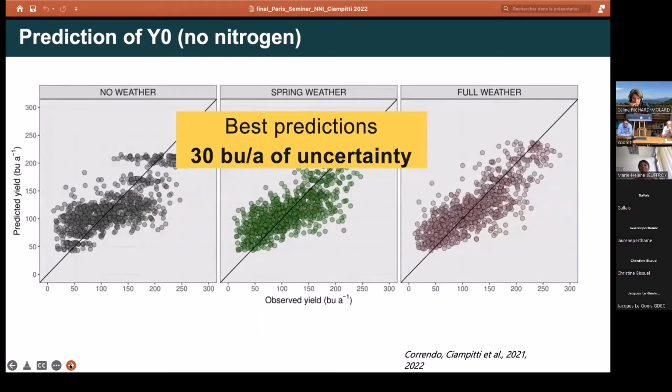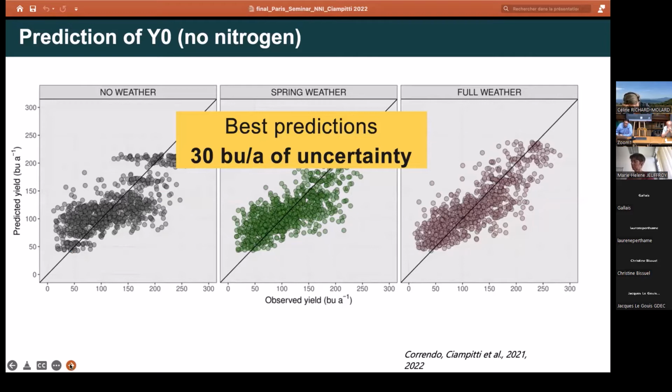And as I mentioned before, when we were looking at predictions of yields without fertilization, if we were using the entire weather of the season, we can make an excellent prediction. But when we use no weather, so basically before or at planting, those predictions are really poor. The spring weather basically was using 30 days of the weather of the first month after planting.